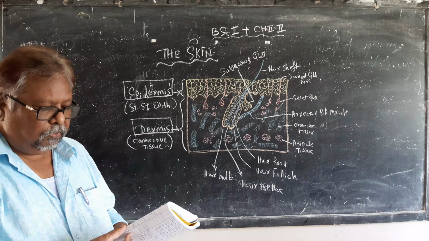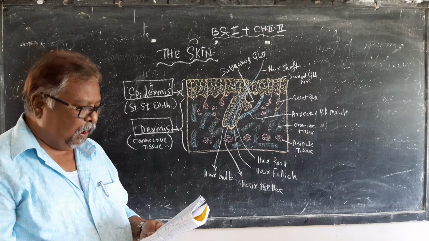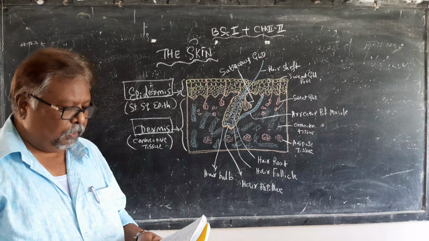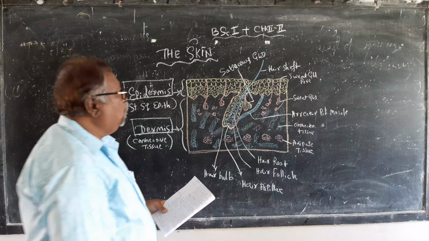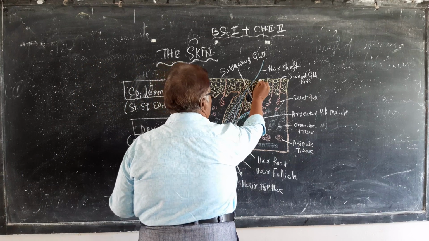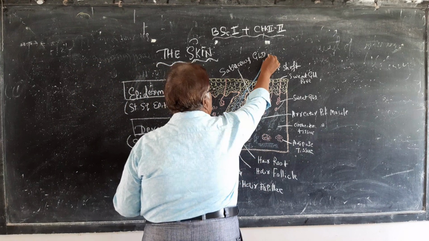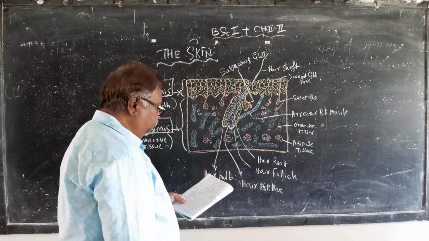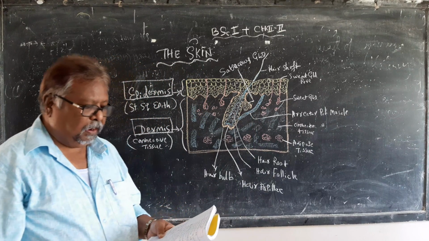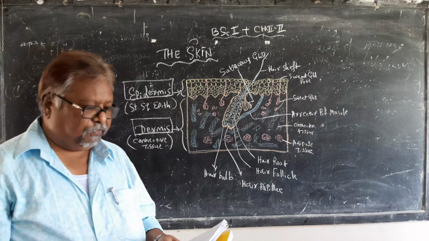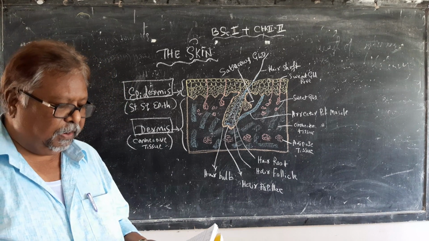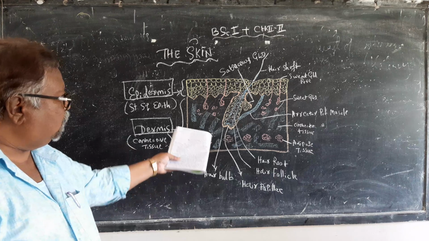Hair has the following parts. The first one is the shaft, which is the visible part above the skin. So this is the skin and this is the visible part. That is the hair shaft. Then the root, the embedded part. It is embedded in the dermis.